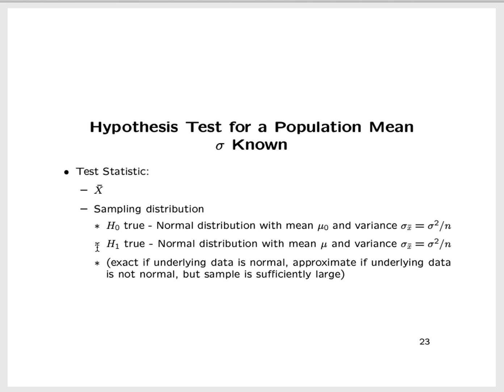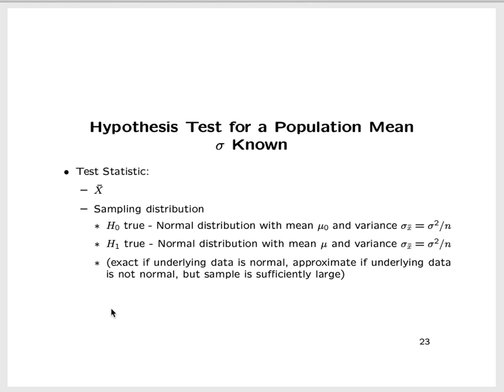If the alternative is true, then X bar will be normally distributed, the mean of which is mu, but it will be different than mu sub 0, and it will have the same variance in either case.